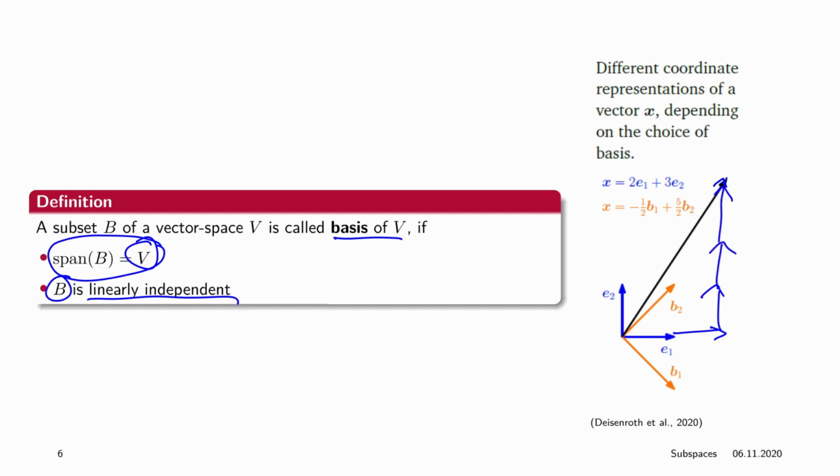But it can also be represented as minus 1/2 times b1 plus 5/2 times b2. So these are two representations of the same vector x.